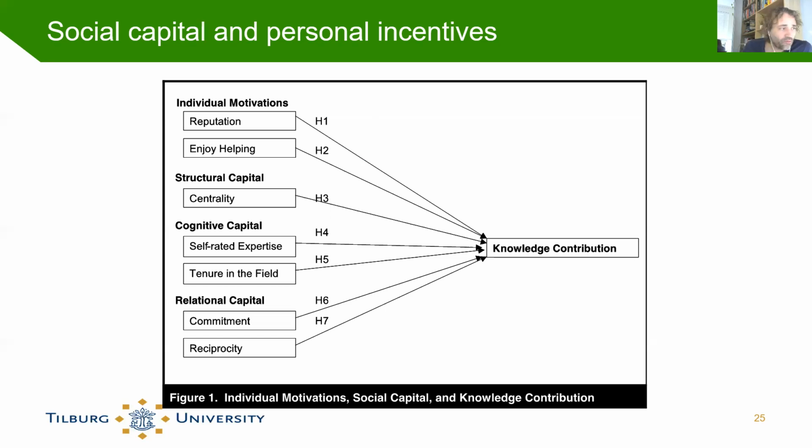Cognitive social capital means that you understand each other. I can have a very good colleague in China in my network, but if I only speak Dutch and he only speaks Chinese, we have no cognitive social capital. We cannot understand each other.